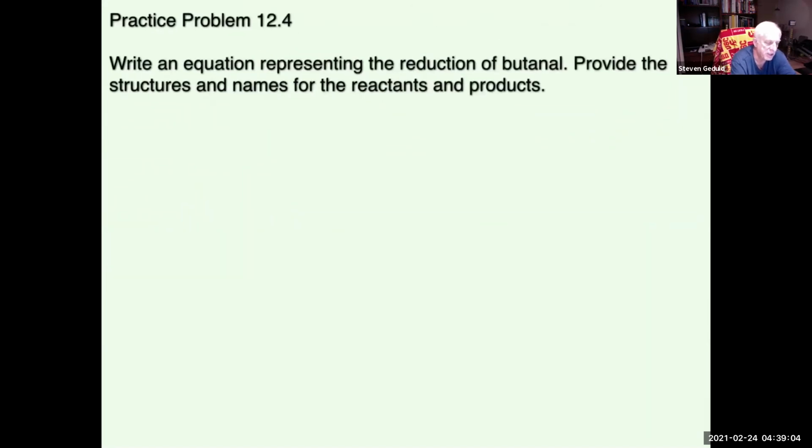Write an equation, reduction of butanal. Provide the structures and names of the reactants and the products. So butanal is how many carbons? 4. 4 carbons. So CH3, CH2, CH2, C double bond O, H. Butane is 4 carbons, all single bonds.